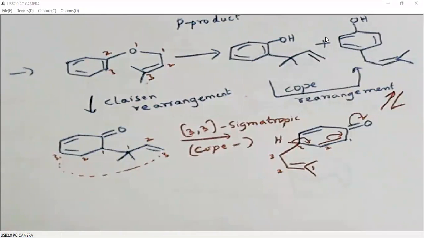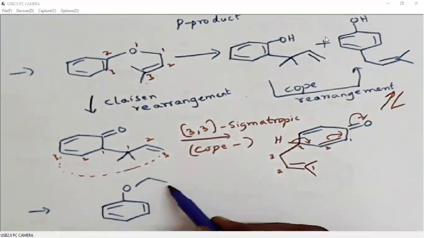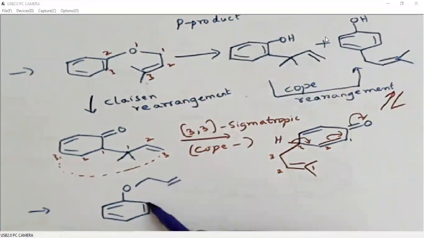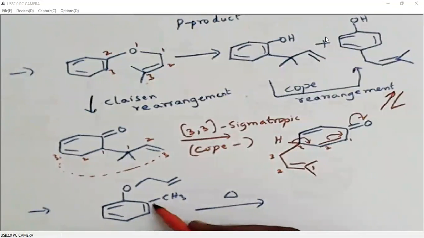Now I will give you some examples. You give the product. If a methyl group is there, some alkyl group, when we heat this, it undergoes Claisen rearrangement to give ortho product this side. Okay, this is not the only ortho position. We have two ortho positions, right?